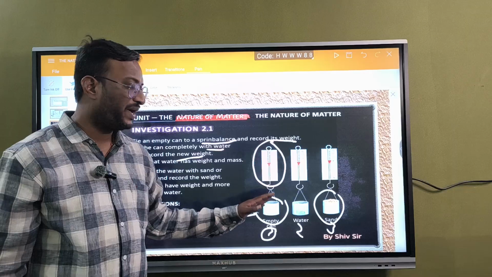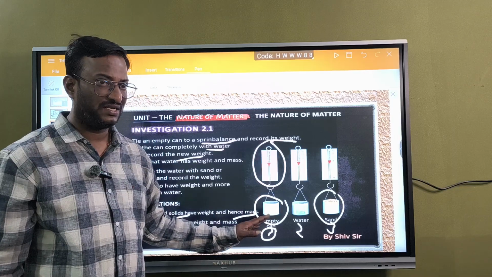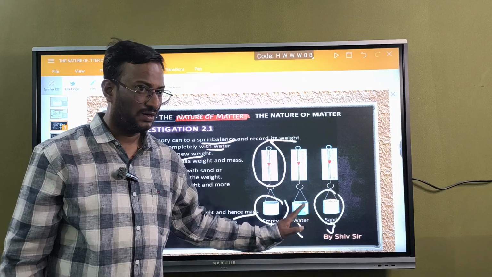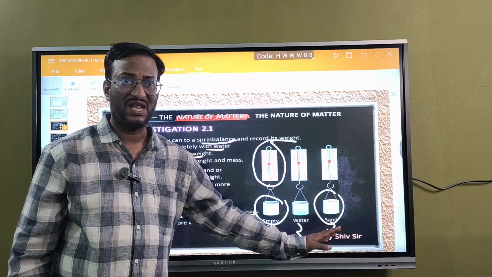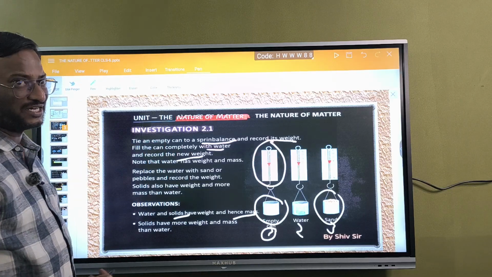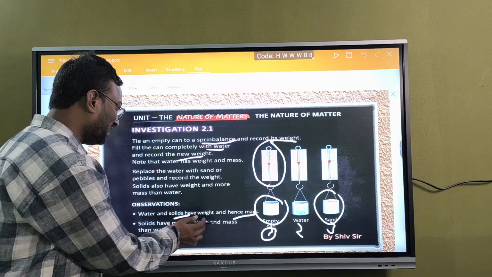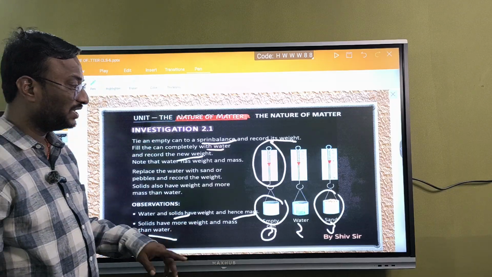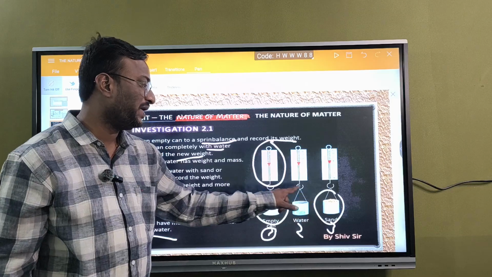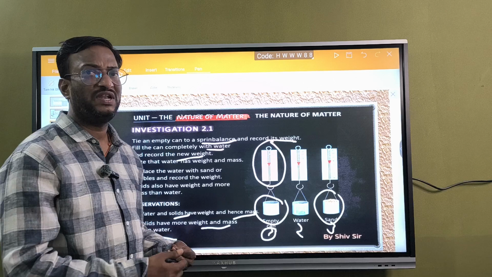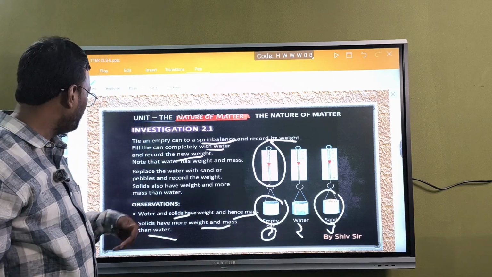Compared to the empty can, the can filled with water and the can filled with sand will have more weight. So we can conclude that solids and liquids have weight and mass. And one more thing, sand will have more weight compared to water, so solid will have much weight when compared to liquid.